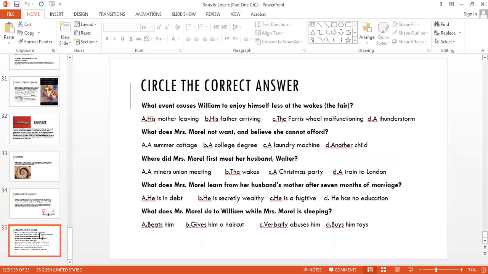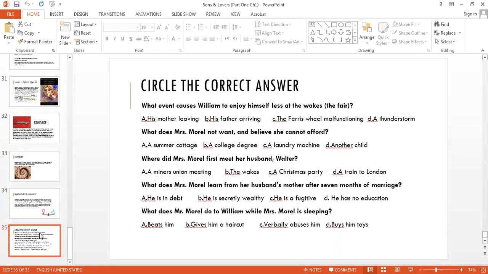So we have beautiful multiple choice questions. For example, what event causes William to enjoy himself less at the wake? His mother leaving, his father arriving, the Ferris wheel malfunctioning, or a thunderstorm? Of course, his mother leaving. What does Mrs. Morel not want, and she believes she cannot afford?